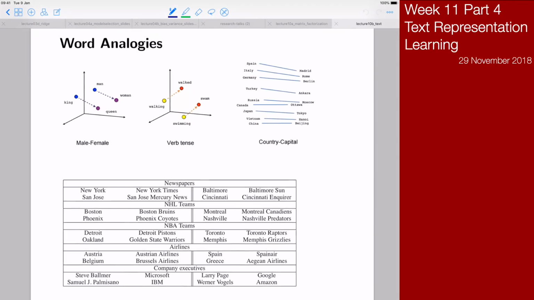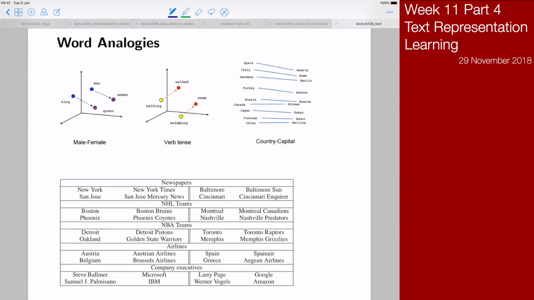So this was a bit dry, just showing you the math and this very unintuitive weighting function. The more fun thing is that this actually works super well. So first of all, if you have a word and a synonym, which means the same thing as the other word, then they get to almost the same point, right? Not exactly the same, but they get very close. So it's very nice.